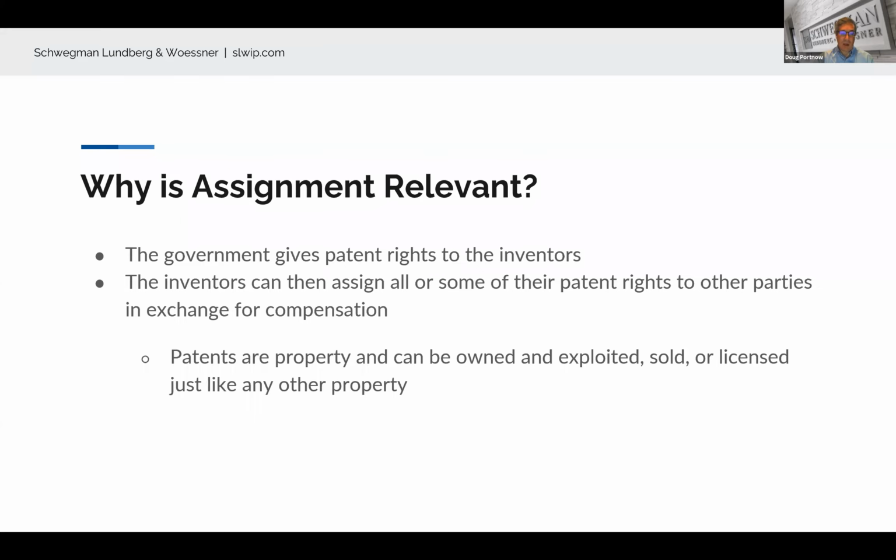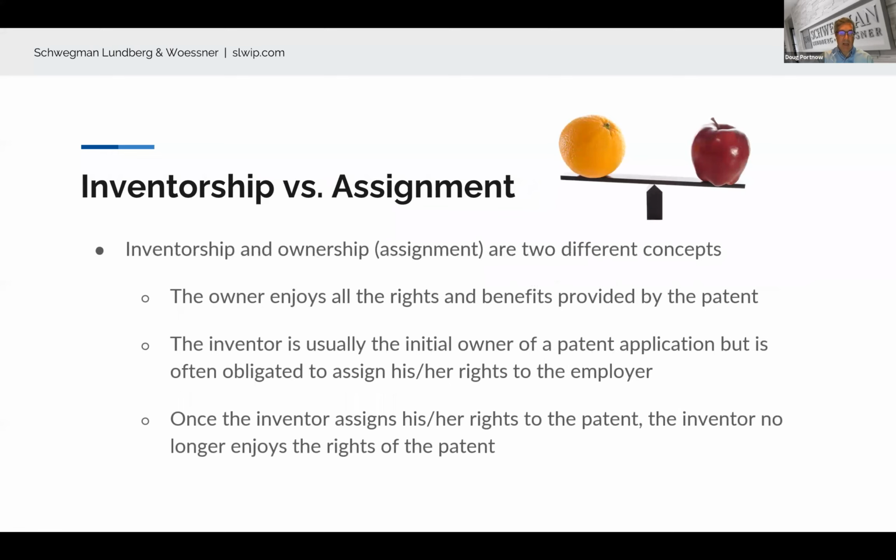They can then assign those rights to another person, another company, another entity, so they can get some compensation for that. So what does that mean? That means patents are property. They can be owned, they can be exploited, they can be sold, they can be licensed, just like any other property. So the mechanism for transferring ownership is the assignment process, and that's why that is so relevant to today's discussion. If we could just go over to slide number 8 next, thank you.